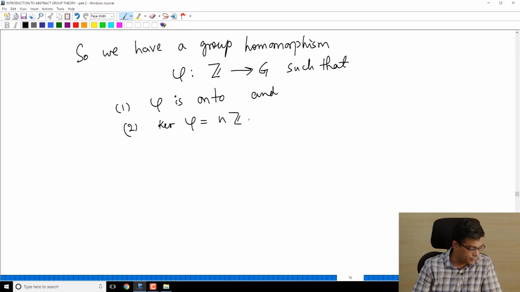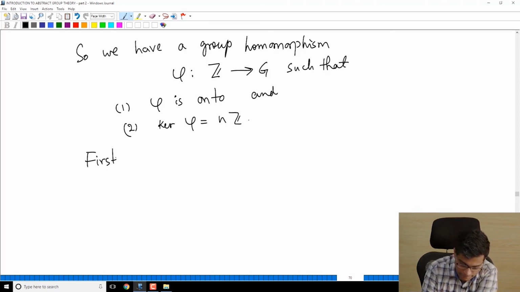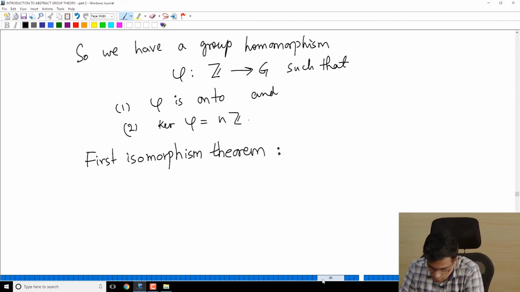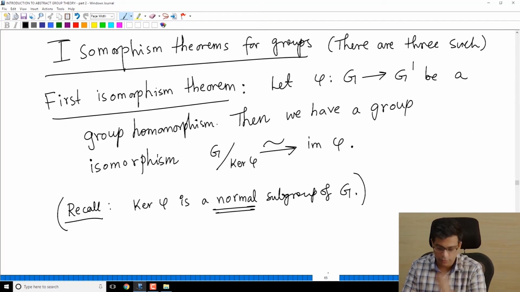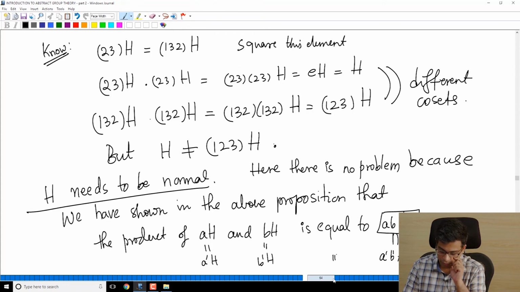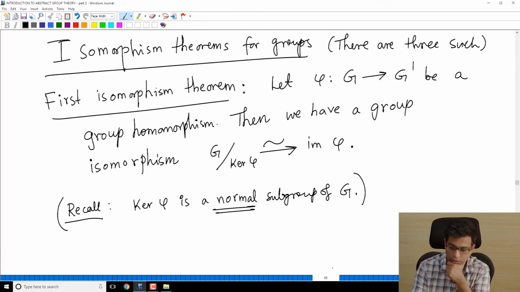What does the first isomorphism theorem say? The first isomorphism theorem said that if phi is a group homomorphism from G to G prime, then we have an isomorphism from G mod kernel to image phi.